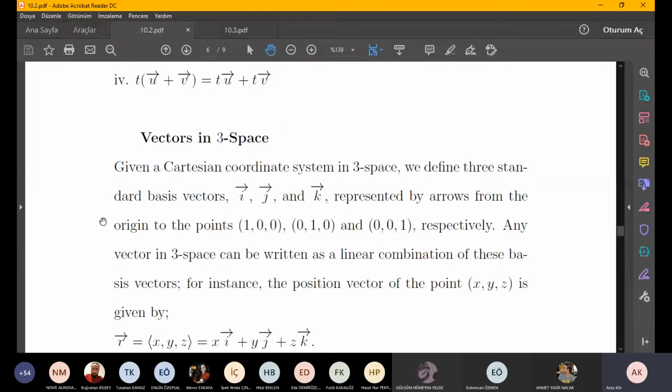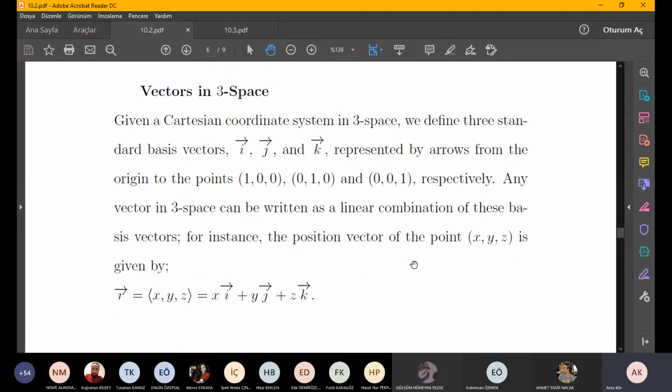So let's try to see how the representation of standard basis vectors that we see for 2-dimensional space will be. Given a Cartesian coordinate system in 3-dimensional space, here we define 3 standard basis vectors, as you can guess, and we will denote them by i, j, and k.